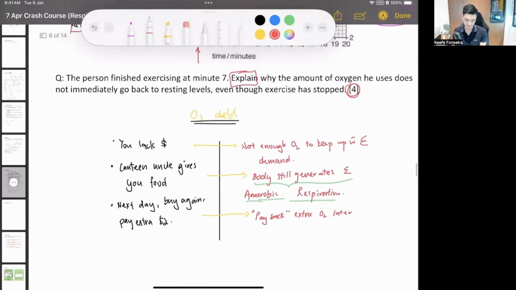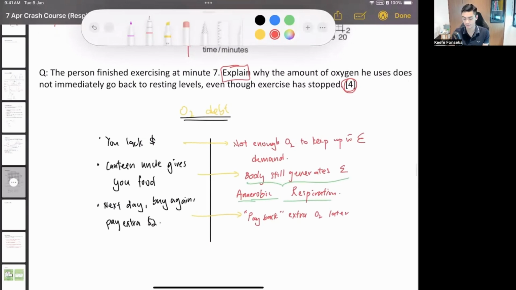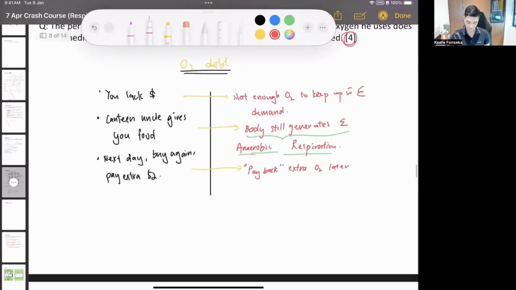So all get it? Maybe you've had this exact scenario before where you owe money, then they're like, oh, tomorrow I give you, or next time. Yeah, I think that happened to me before. Okay, so now that's the concept of oxygen debt. We will later put this in our answer.